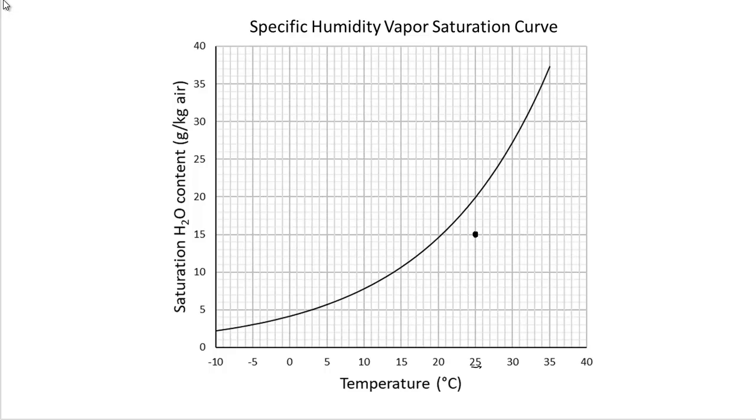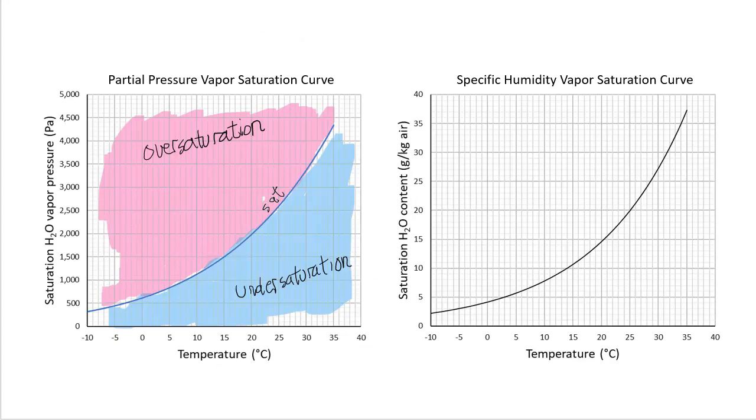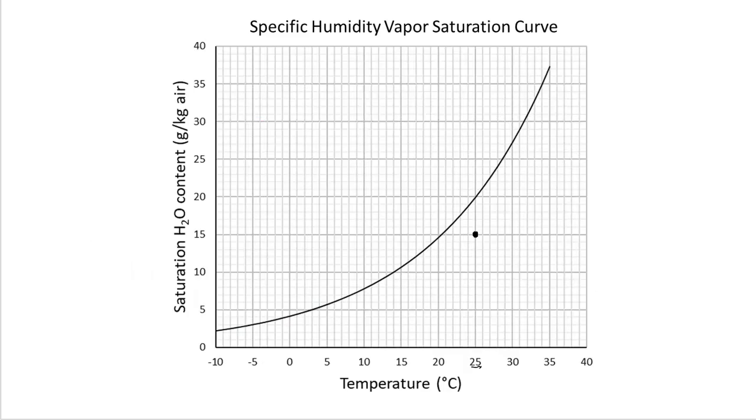And that's where this plots. Any other air mass that I encounter should be able to plot on this diagram. And if it's not supersaturated with respect to water vapor, then it will plot in general within the blue region of the diagram, or perhaps on the line if it's fully saturated with water.